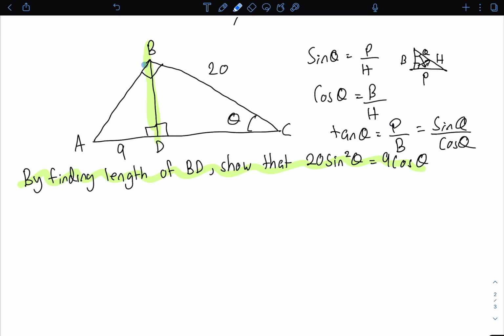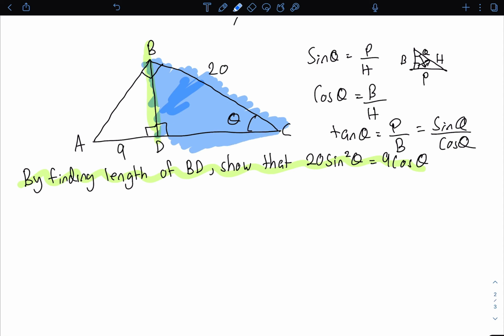The first step in solving this question is to find the length of BD. First, let's ignore one triangle and just focus on the other one. I'm going to focus on triangle BDC first, coloring it blue to show that this is the triangle we're focusing on.